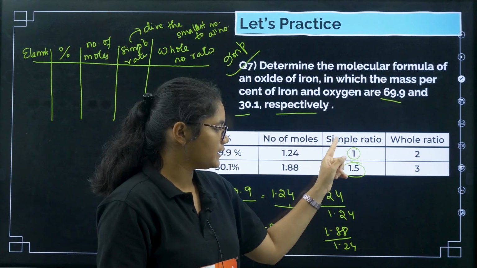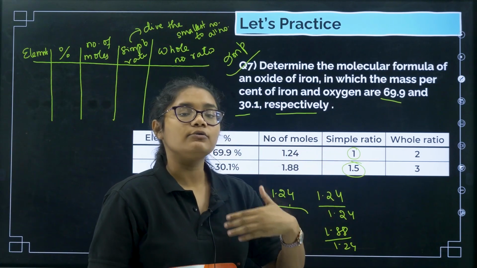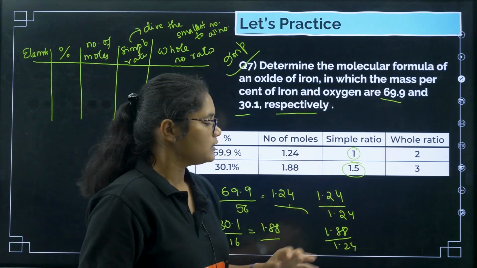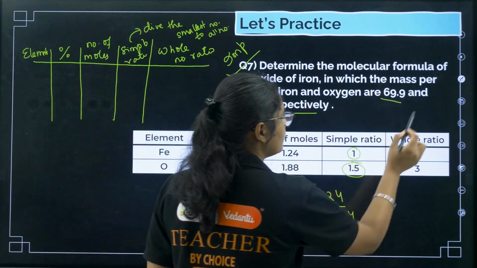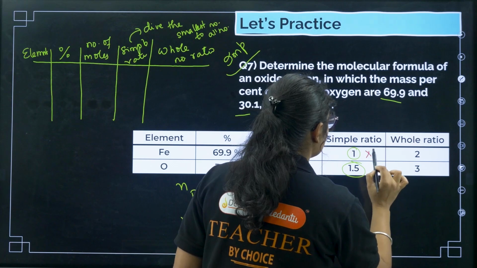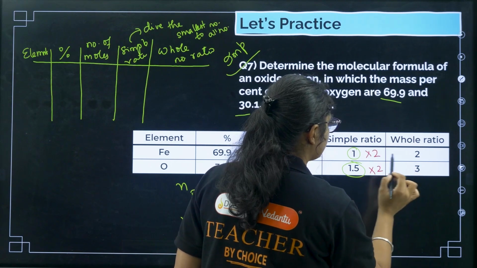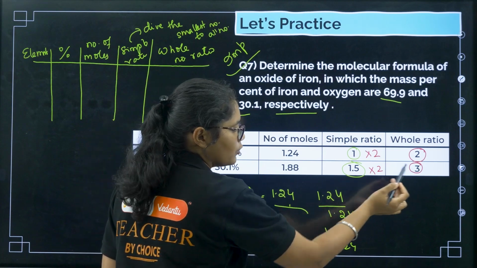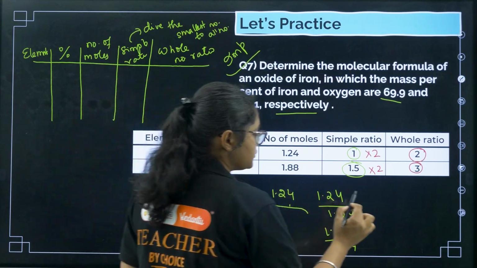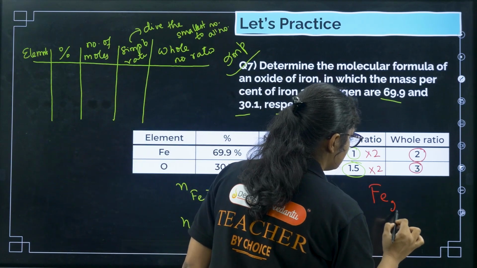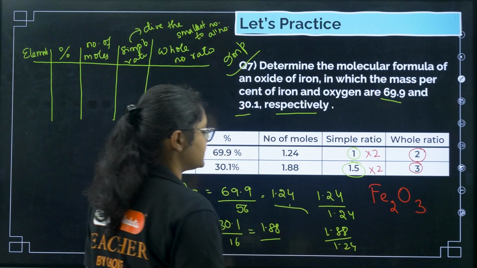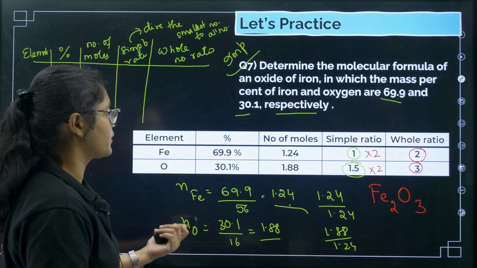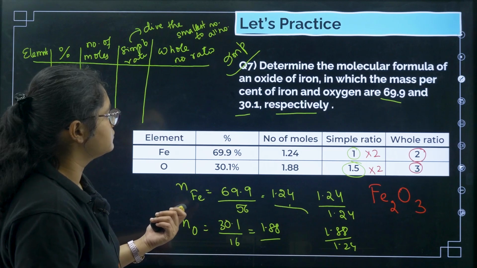But since we are not getting a whole number here, you need to multiply with the smallest number so that we can get the whole number. Now you see, if I multiply here 2 into 2 and into 2, then this one will become 2 and this one will become 3. So I got a whole number here. So what is the ratio? We got Fe2O3. That is the empirical formula. Clear? Okay.